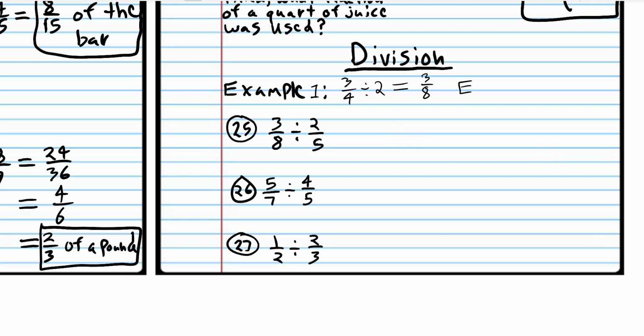Now let's do example 2. Example 2 is when things get weird. So let's do 2 divided by 3/4.